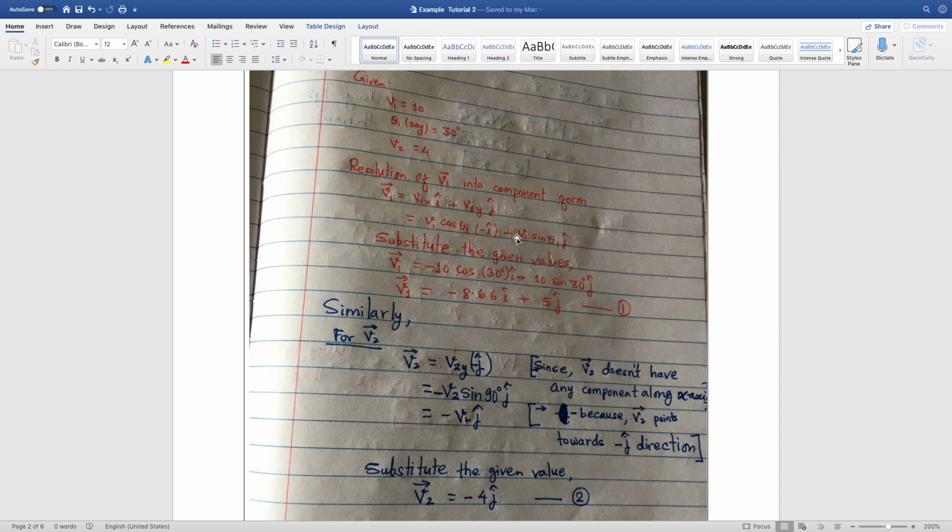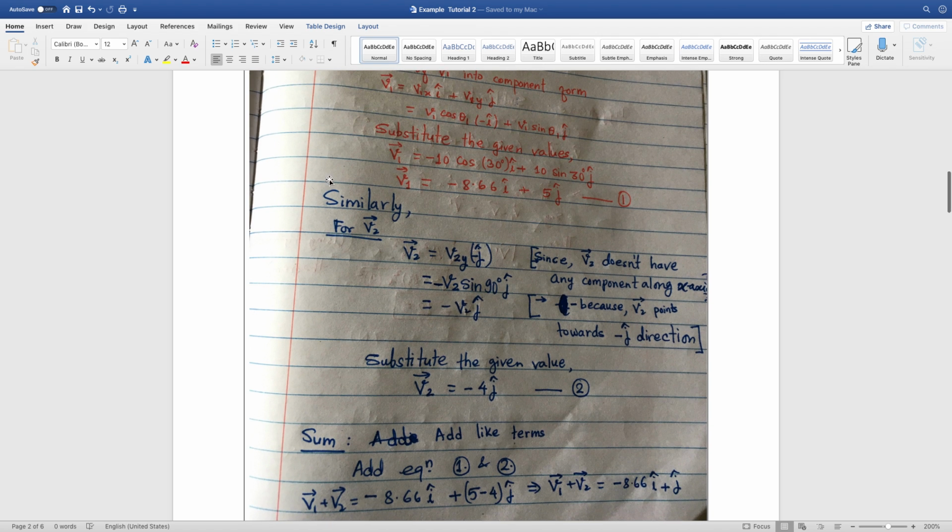Now if we substitute the values given above, we get negative 10, that's the magnitude of the vector, cos 30 degrees, the angle we are given, and then just do the same thing here. After you solve this, you get vector B1 equal to negative 8.66 i hat plus 5 j hat. Let's label this as equation 1 because we can recall this easily later on.